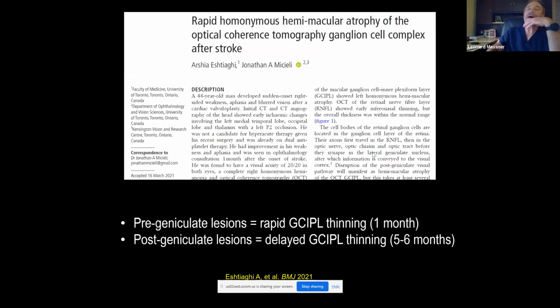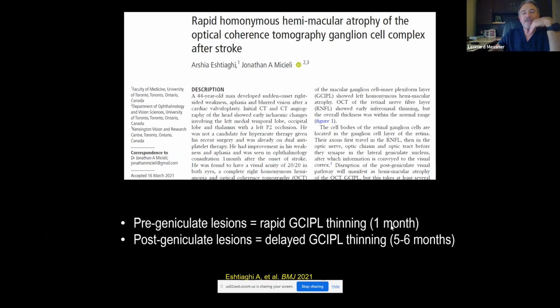And you say to yourself, well, how quickly does this show up? And the answer is pretty quickly. This is a nice paper from just a couple of years ago, showing that over time, in this longitudinal analysis, if the lesion is pregeniculate, and by and large that means it's in the optic tract, you're going to get that hemifield thinning on the ganglion cell complex typically within about a month.